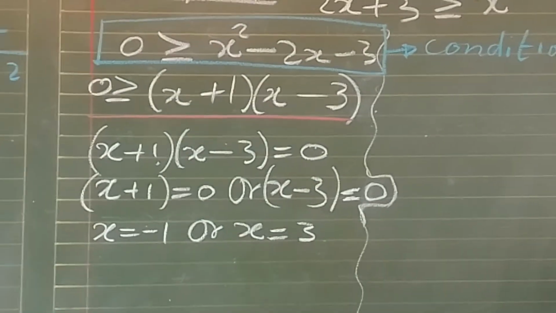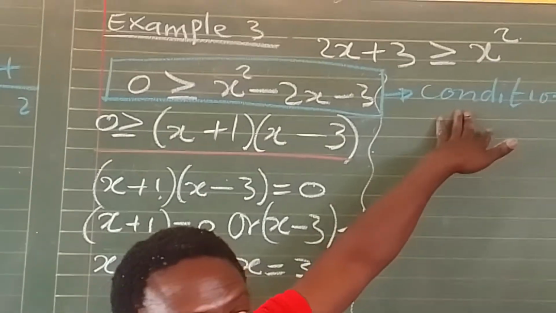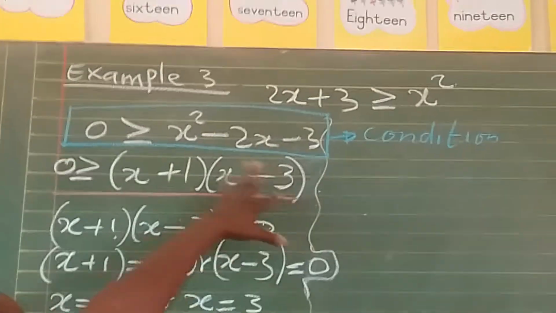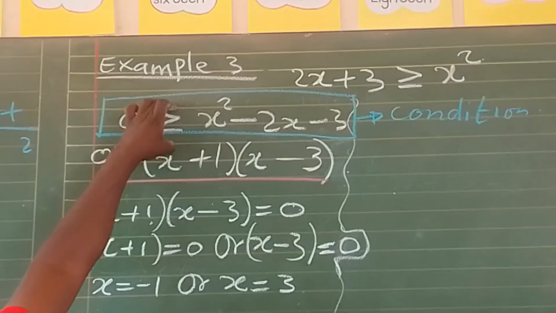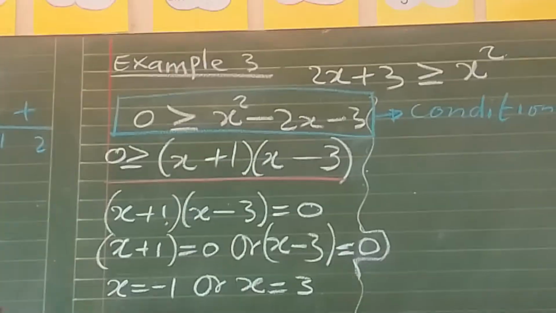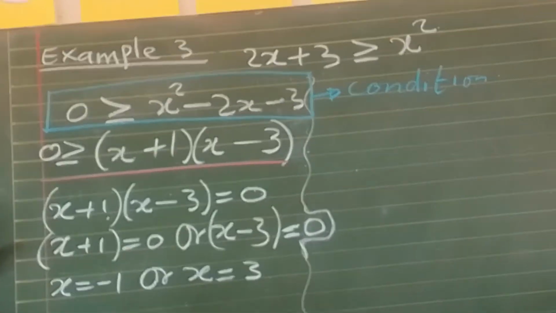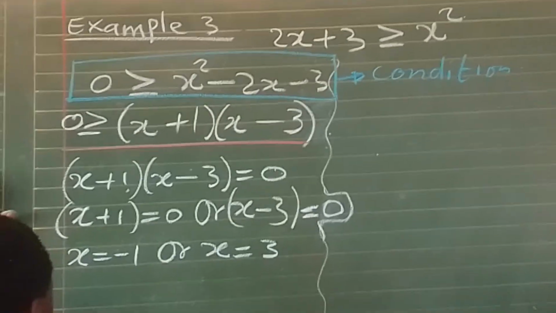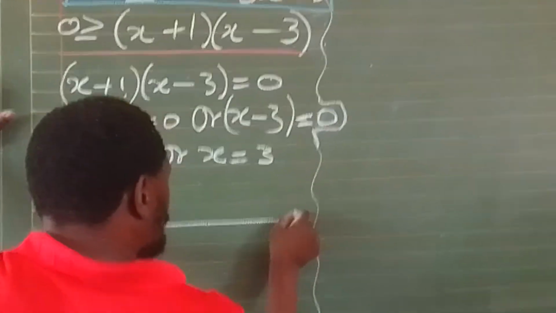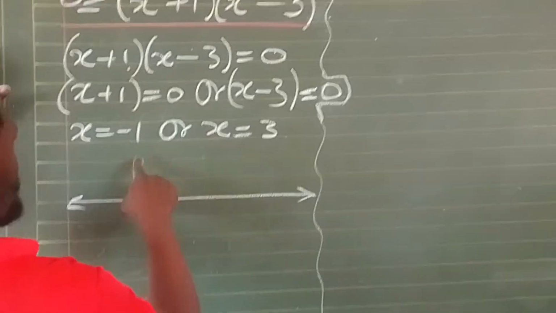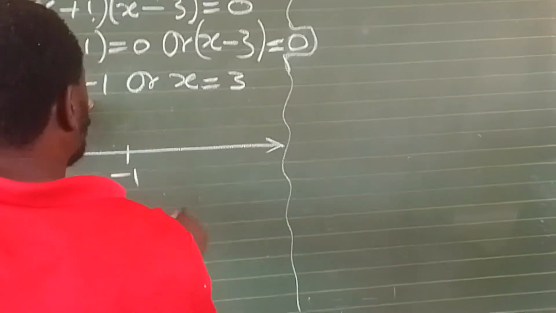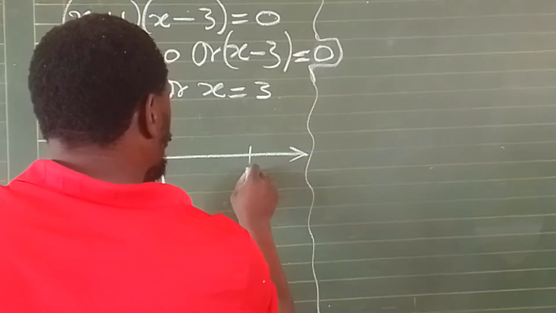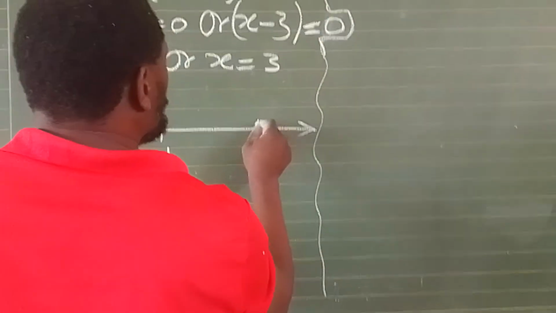I think you understand by now that what we call the condition is this side. Everything must be less than 0. We have your minus 1. We have your 3, which is inclusive.